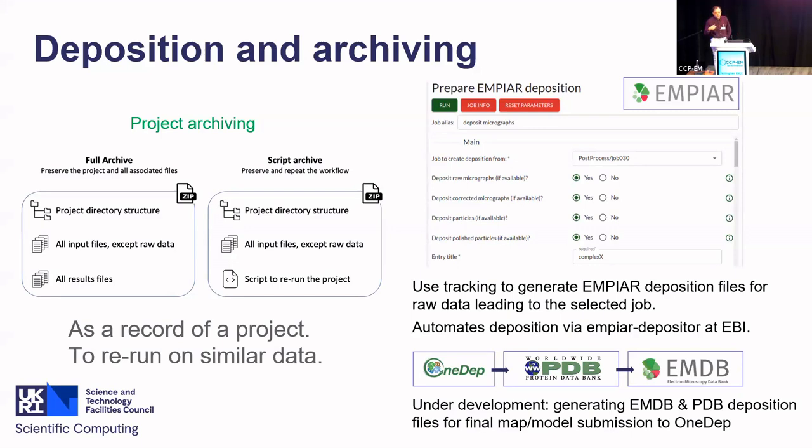So you can generate, using this particular task interface, a single file containing all of the project information and then upload it to EMPIAR. So you do need to have an EMPIAR ID in order to do the actual upload, and it's probably advisable to talk to EMPIAR staff anyway.